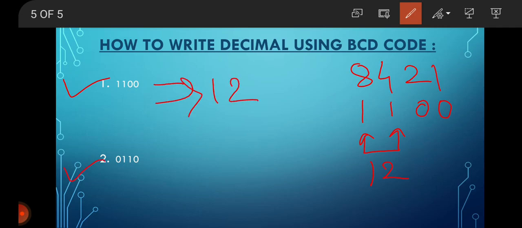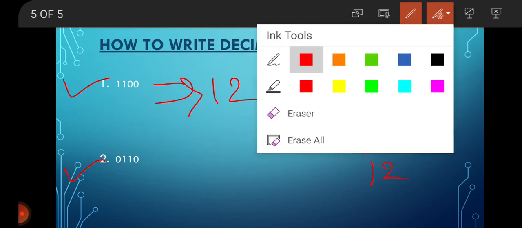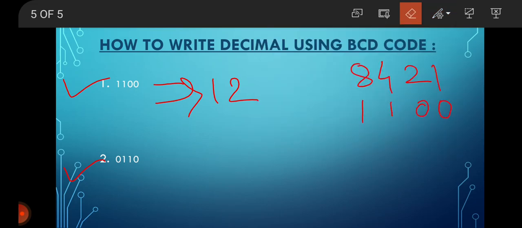Then this 0110, therefore add these two, 4 and 2, add 4 plus 2, therefore we get 6, that means corresponding decimal is 6. Therefore this is the binary coded decimal.